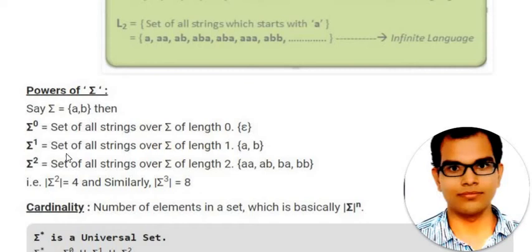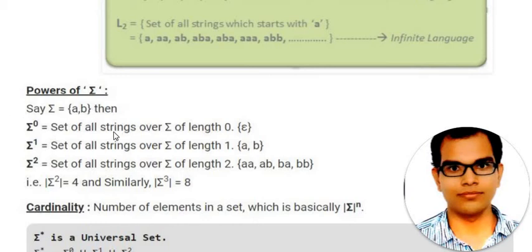Suppose we are saying sigma is {a, b}. It could also be {0, 1}, or {a, 0}, or any other such as {c, d}. But we are assuming here that sigma is {a, b}. Then sigma to the power 0 means the set of all strings over sigma of length 0, all made with the help of the alphabet {a, b}.